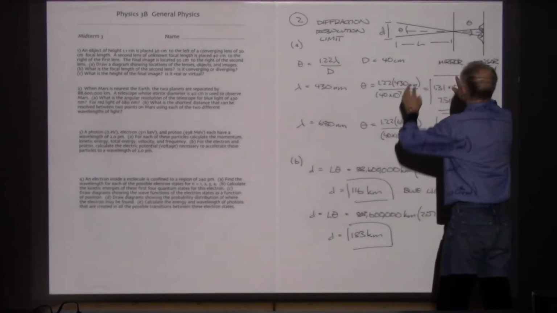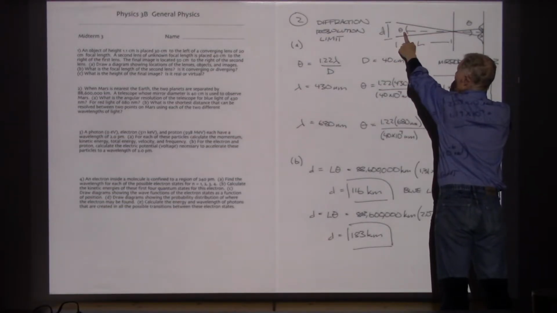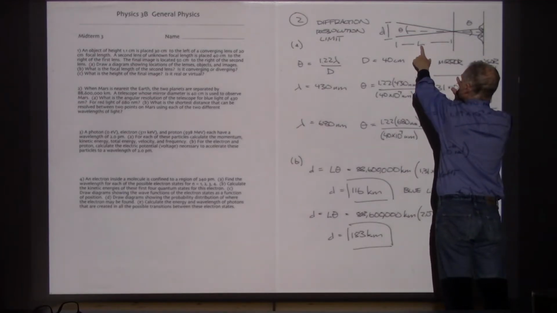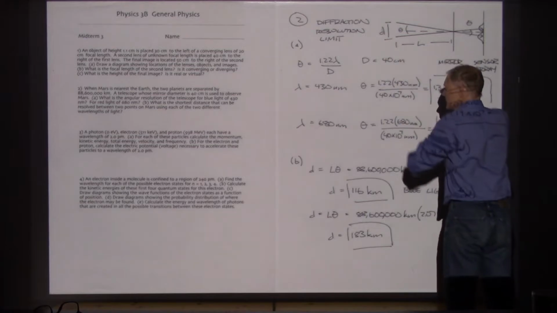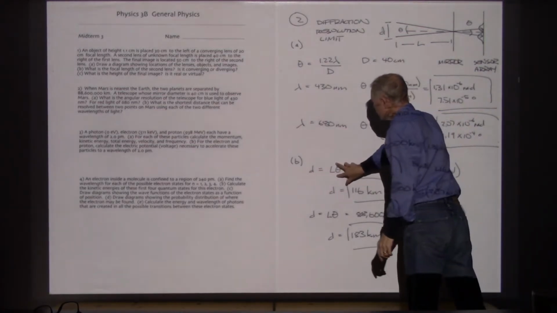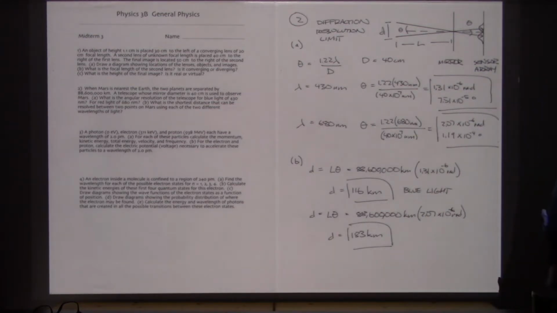What we can do is come up to this diagram and say, now that we've calculated the angle that represents the limit of resolution for diffraction, if I multiply that by L, I'm going to get D. So D is equal to L times theta.